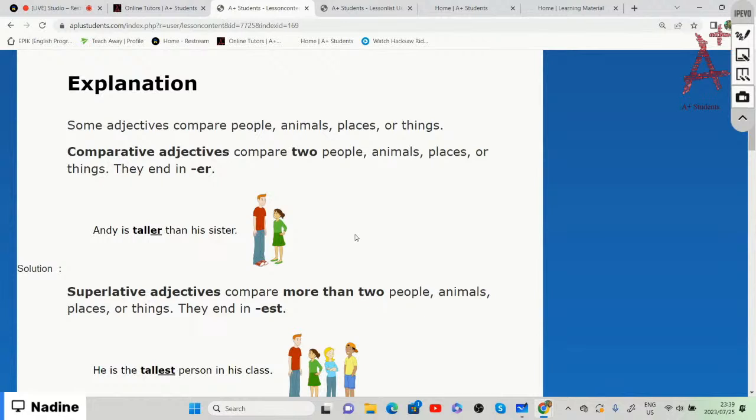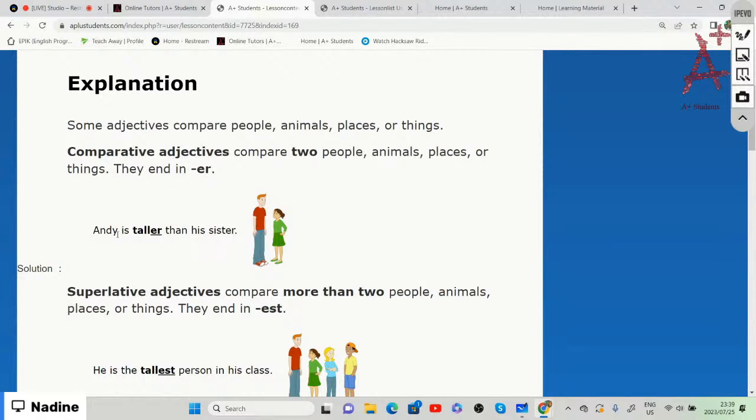And remember, we said some adjectives compare people, animals, places, or things. And then we have comparative adjectives as well as superlative adjectives, right? Which we have been doing within our lesson today. And a comparative adjective compares two people, animals, places, or things. And it ends in ER, right?